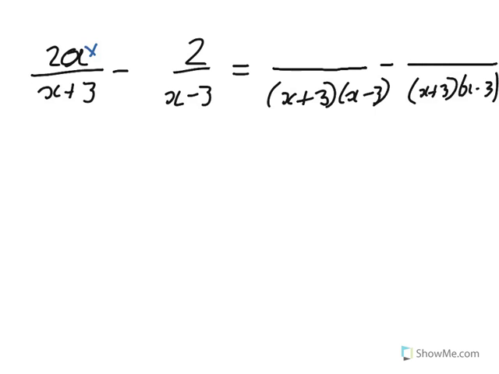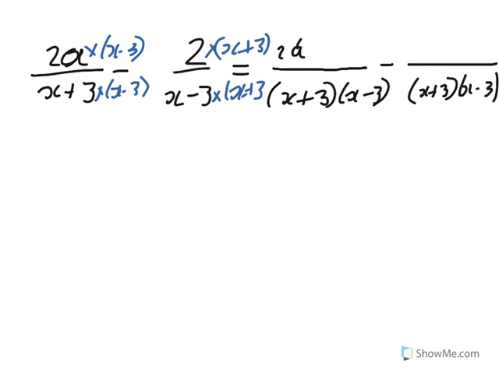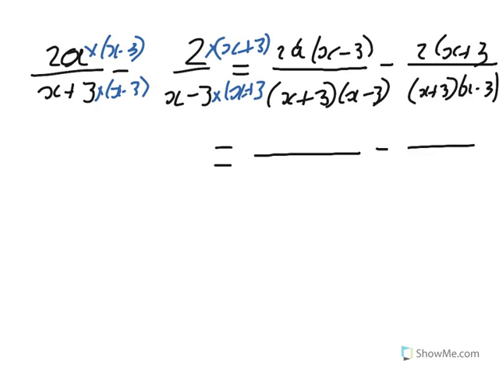Here we're multiplying top and bottom by x take 3, and here top and bottom by x plus 3. So 2a outside of x take 3 and 2 outside of x plus 3. Alright, so there's our common denominators.